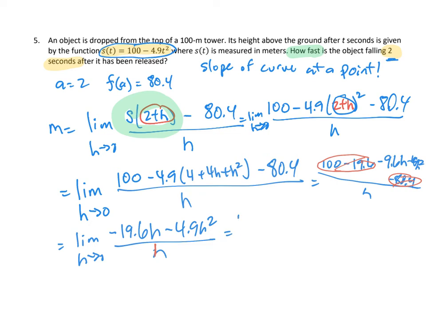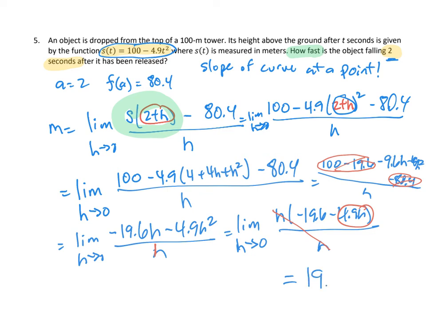So I can factor out an h, and then we'll be done with this thing. h times negative 19.6 minus 4.9h over h. The numerator and the denominator h's cancel. I'm going to plug 0 in for this h, and so by substitution, this speed is 19.6, and that is meters per second because we're measured in meters and seconds for our units.